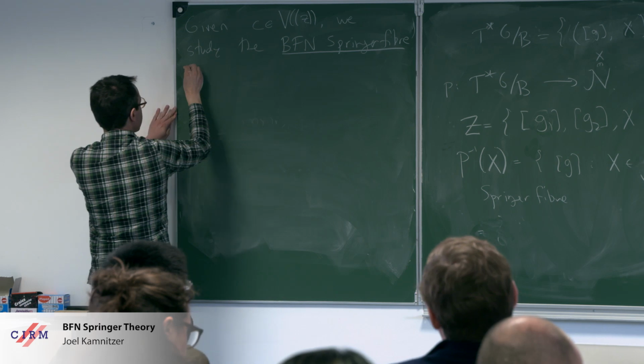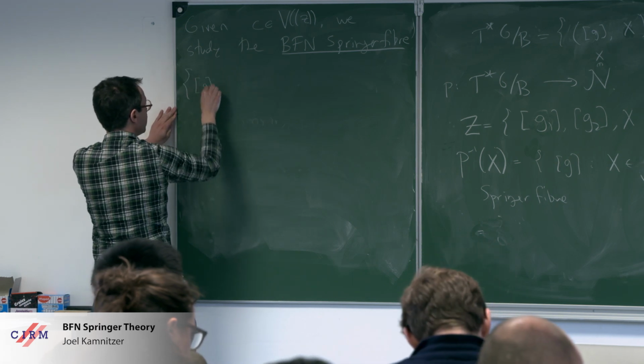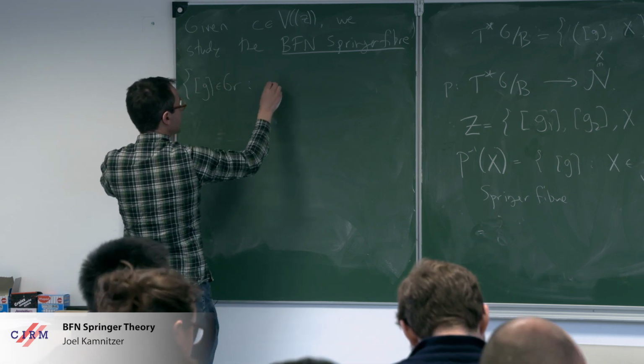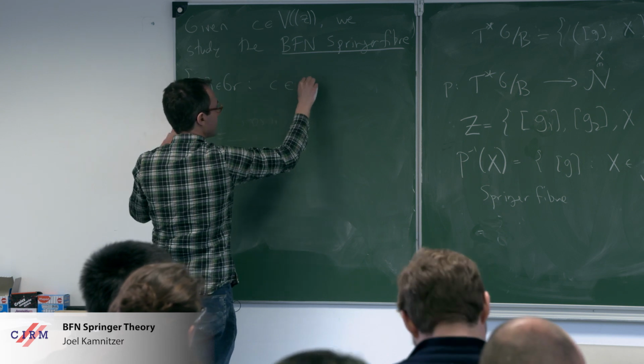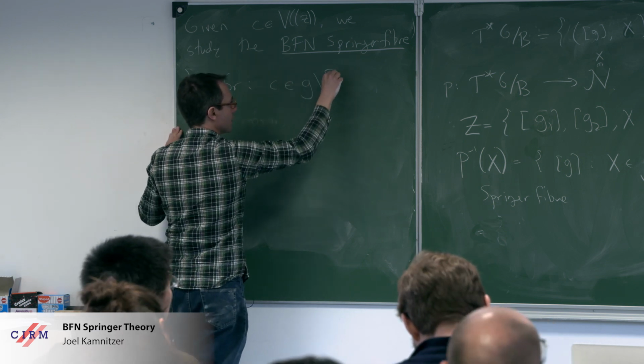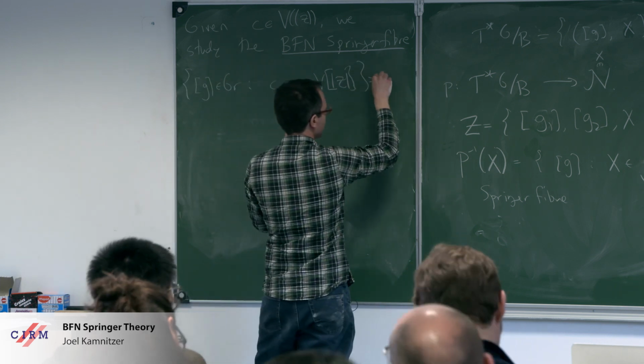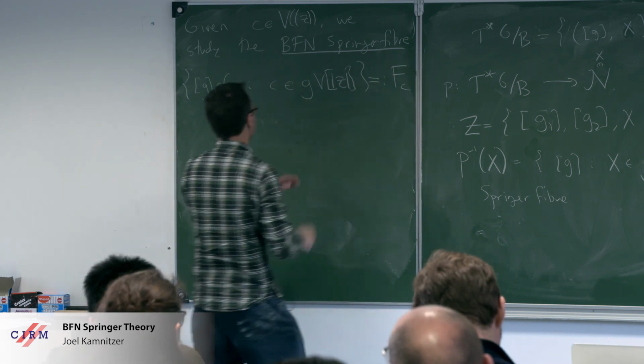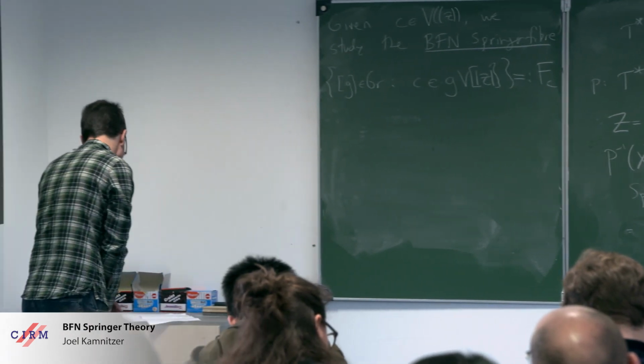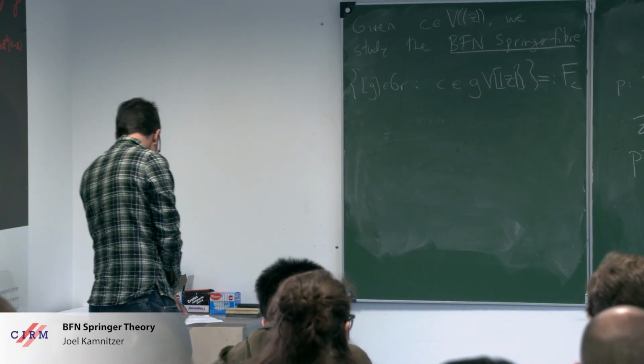By definition, it's the set of points in the affine Grassmannian such that C lies in the lattice coming from G. I call it F sub C. It's a relatively straightforward guy.